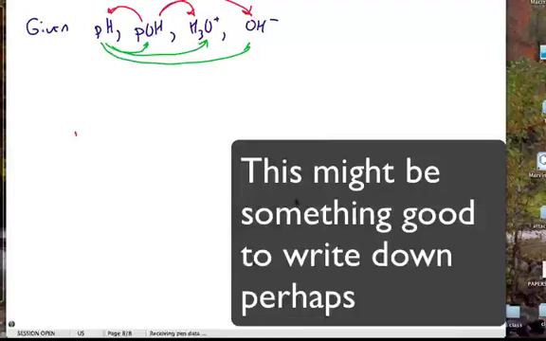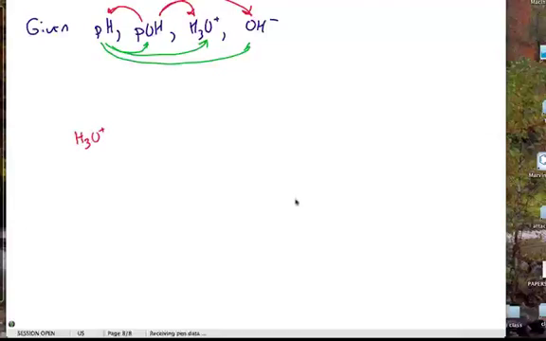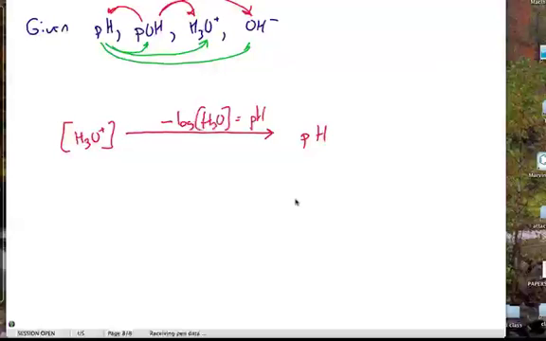If you know H3O plus, you can use it to obtain pH, because negative log of H3O plus will equal pH. And vice versa, if you know pH, you can figure out H3O plus. 10 to the negative pH will equal H3O plus.